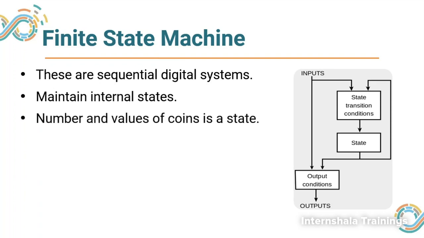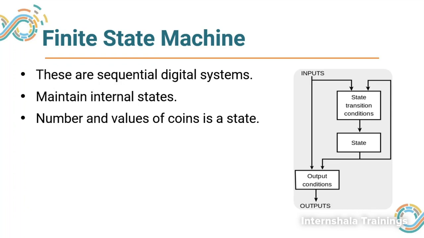So what are these states? States are anything that tells you about the system operating conditions which are not input nor output. Let us say the number and the values of coins. You have inserted some coins. I need to maintain a record of how many coins are inserted, or what is the total value of inserted coins, or in my treasury how much balance is there in my vending machine.